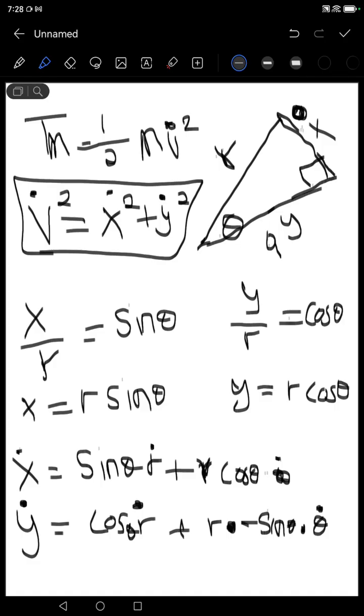Moving forward, we're going to substitute these values, x dot and y dot. We have v dot squared equals x dot squared plus y dot squared.